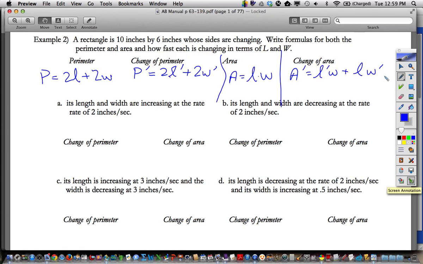Right? Okay, now let's take this one step farther. What would a problem be like? A whole problem would be this way. It would say, okay, we've got a rectangle whose sides are changing.